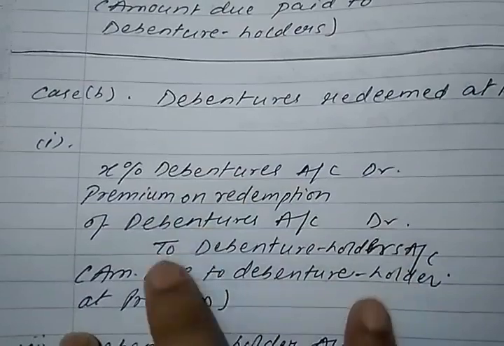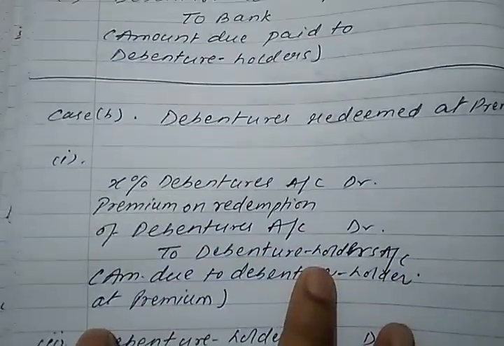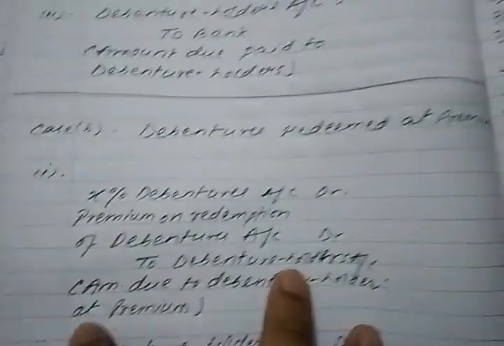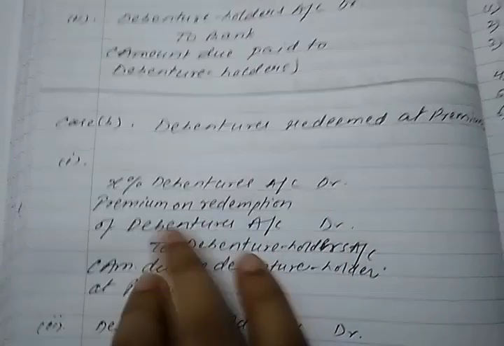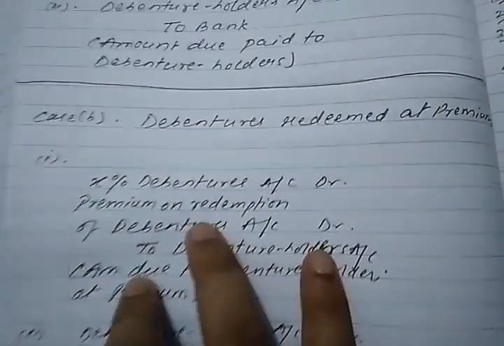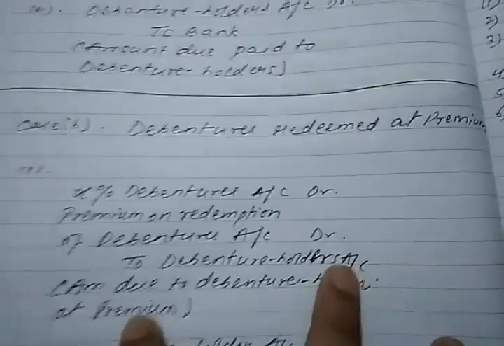In case B we are redeeming the debentures at premium, and premium being a loss is to be shown on the debit side, and that I have shown here.